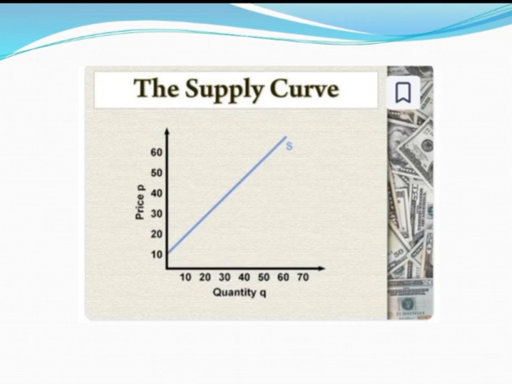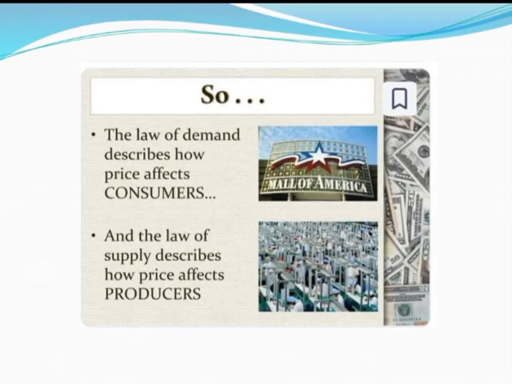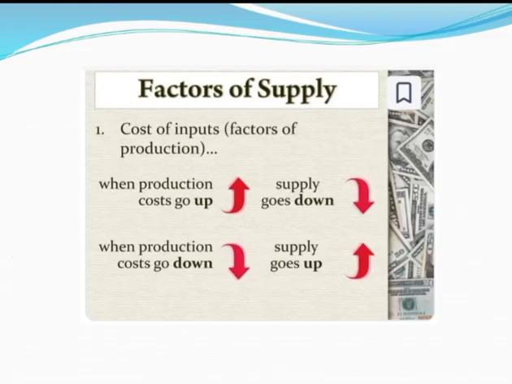It clearly indicates that when the price of the product rises, quantity supplied also rises, and when the price of a particular product falls, the supply of that product must fall. So the law of demand describes how price affects consumers, and the law of supply describes how price affects producers.